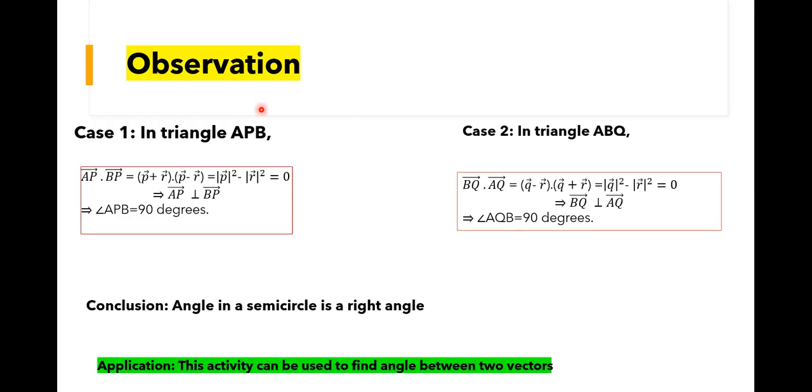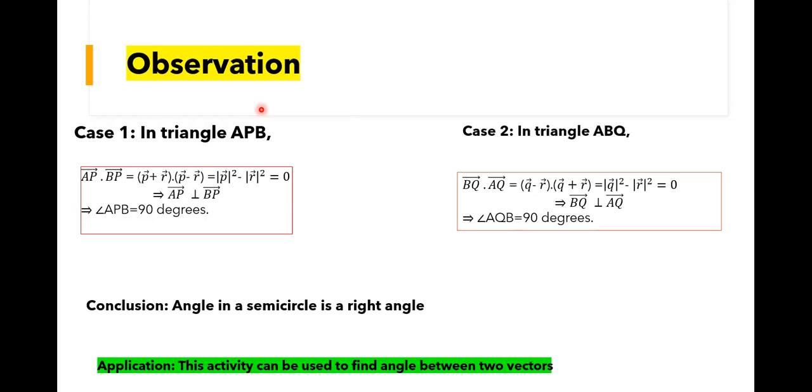So we are getting BQ dot AQ equal to 0. It means BQ perpendicular to AQ. So angle AQB equal to 90 degrees. So from these two cases we can conclude the angle in a semicircle is a right angle.